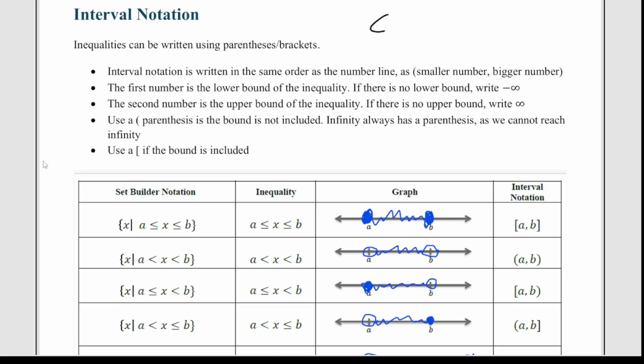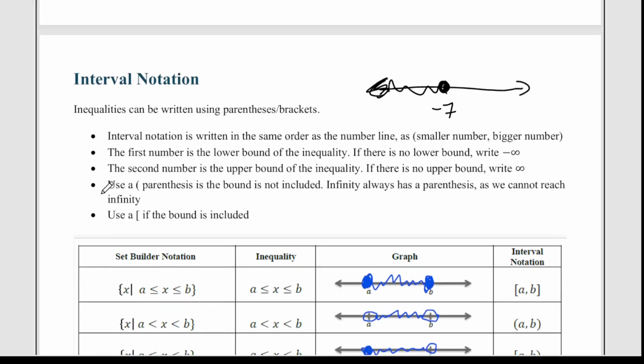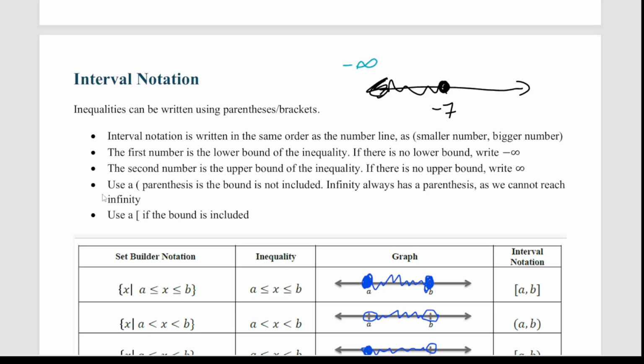Let's say you had this previous example, -7 and everybody less than it. The way interval notation would express this is it would say, okay, this lower bound that you're approaching is really -infinity. This number line is expressing that we go to all the numbers to the left, as negative as possible, -infinity.